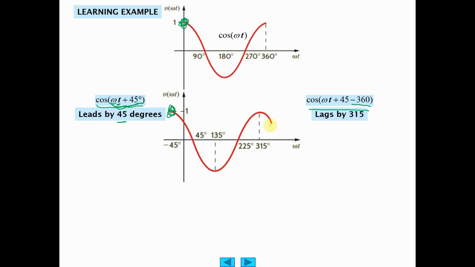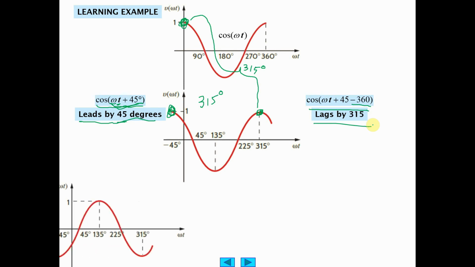That we can say this wave starts 315 degrees behind this wave. So we're saying the difference in angle between here and here is 315 degrees. So when you say it leads by 45, it can also lag by 315.